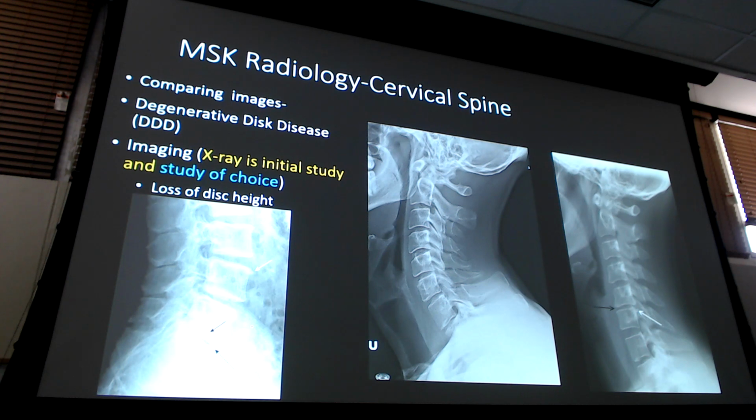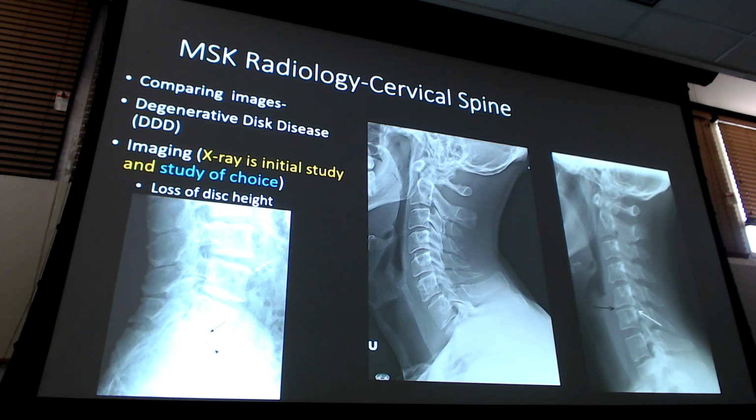Same thing at my cervical here. I got pretty good disc spaces up top, and then I get down here with what, let's see, 1, 2, 3, 4, 5, 6, yep, C7-T1, and it's almost non-existent. This one over here, it's more at 1, 2, 3, 4, 5, the C5-C6 disc space. And then look, it even opens back up more at C6-C7. So you use it in comparison to the other ones.